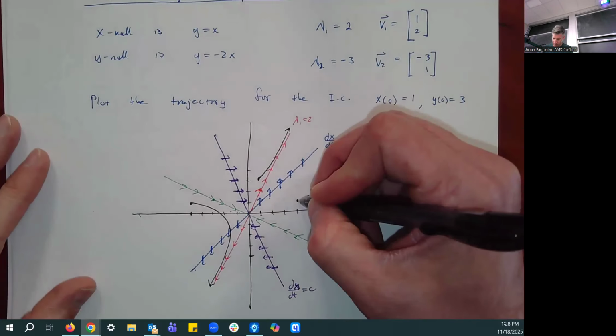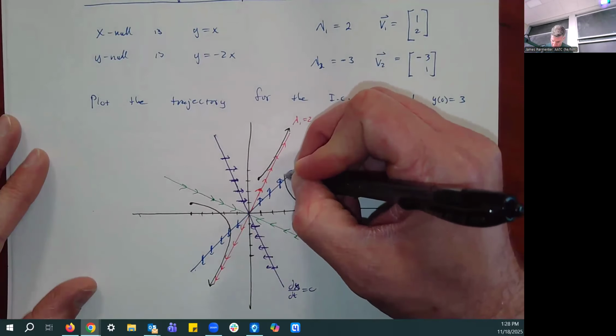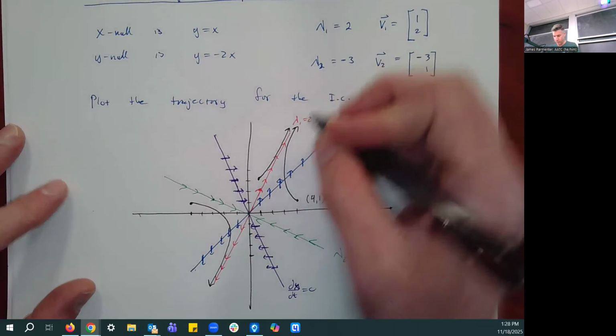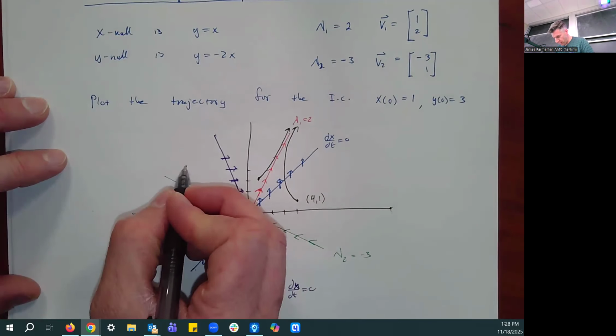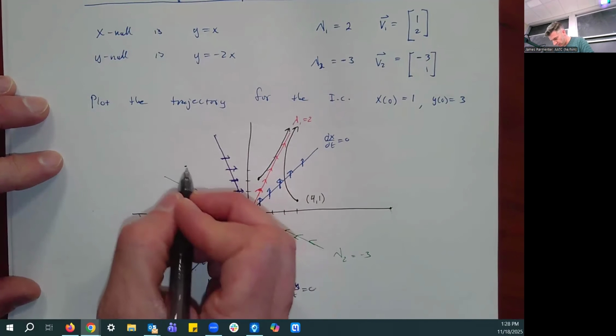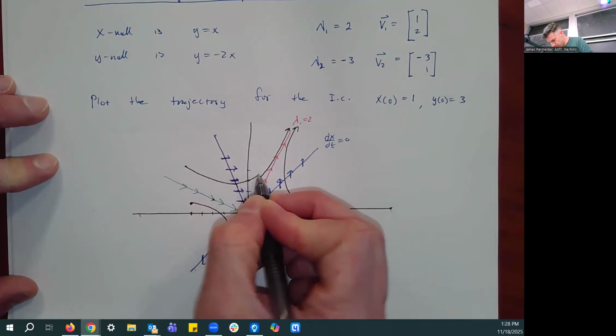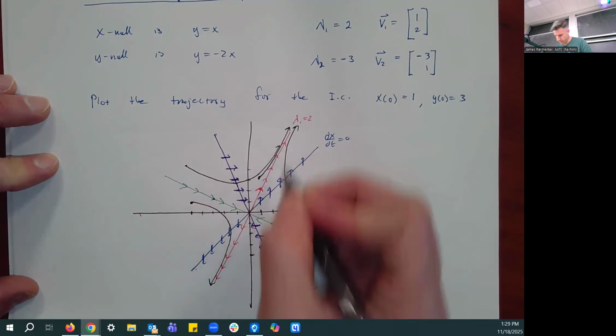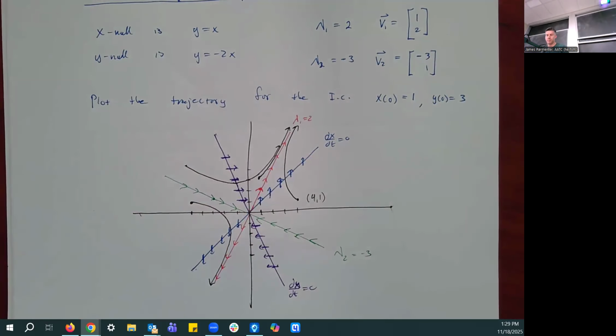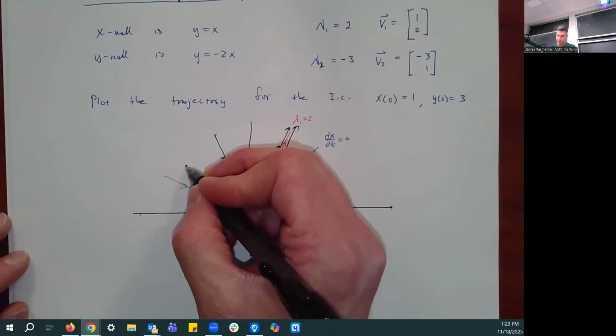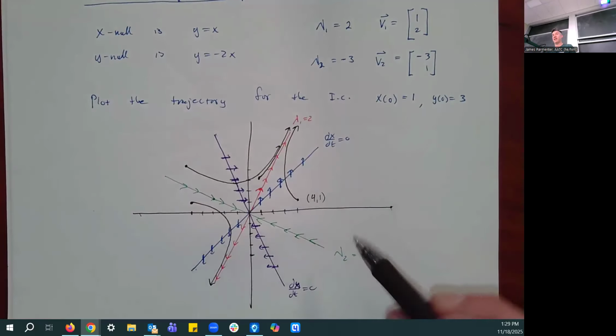So up here, you have to cross this purely vertically. Or starting over here, you have to cross this one purely horizontally. And I imagine if you have to draw trajectories like that, that is something they will be looking for.